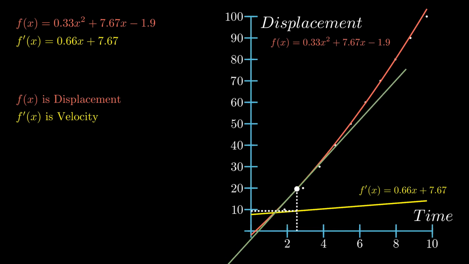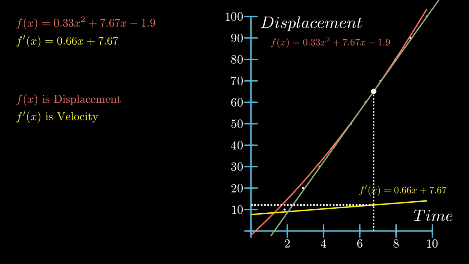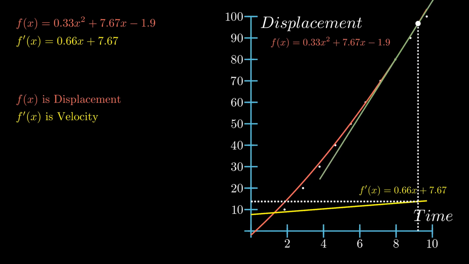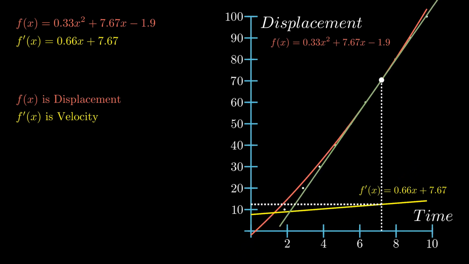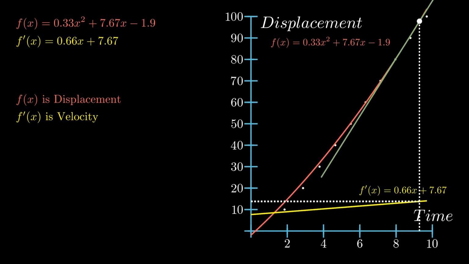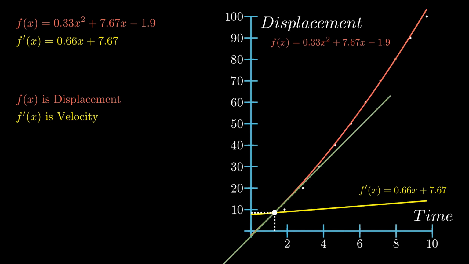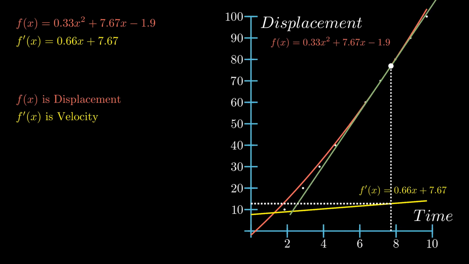Note that these y values correspond to the gradient of the displacement function. This is exactly what we would expect, as we already know that the gradient of a displacement function represents velocity, and that if we differentiate a function, those y values will tell us the gradient on our original function. Here, we can see the direct relationship between displacement and velocity.